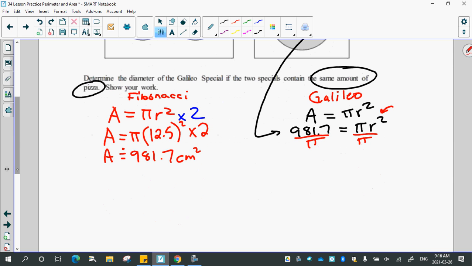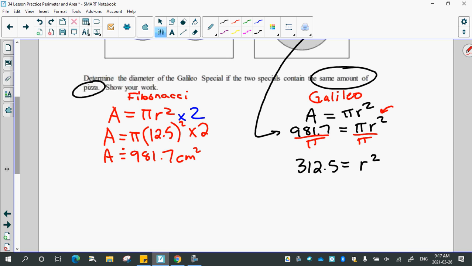So 981.7 divided by pi is about 312.5. That's equal to the square of the radius. Then I want plain old radius.